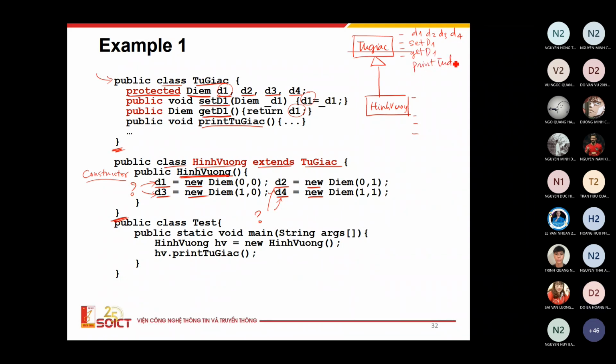They are all members of the tứ giác class. And what about the hình vuông class? We have a constructor hình vuông. A constructor is not considered a member.